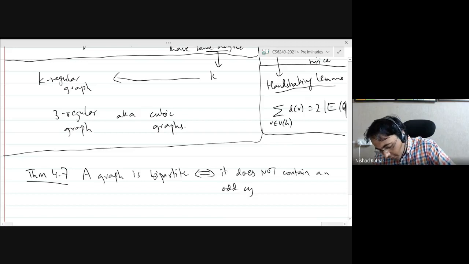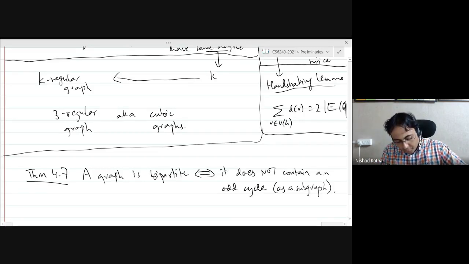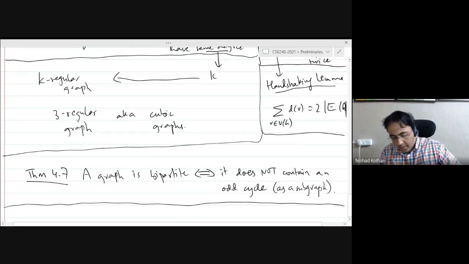I have not defined subgraph, but a subgraph is what you think it is, to be honest.